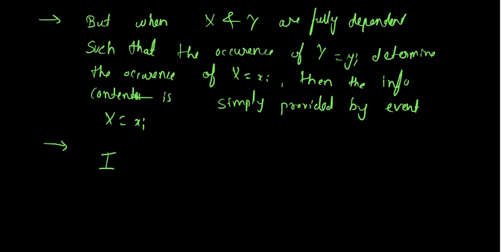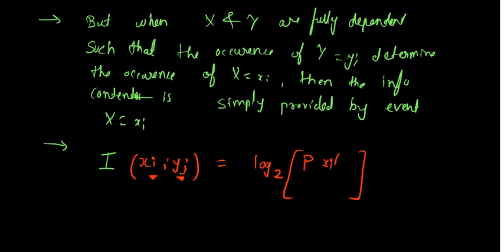I am repeating, the information content I, provided by the occurrence of the event y equals yj about the event x equals xi, is defined as log to the base 2 of the conditional probability that, given yj, xi will occur, divided by the probability of xi, right?